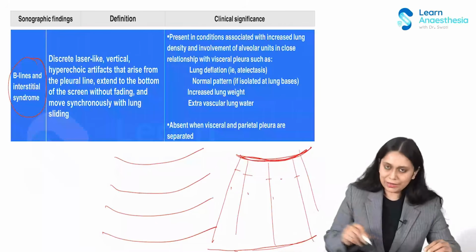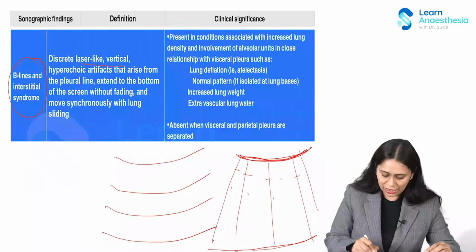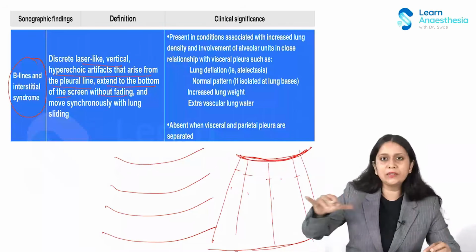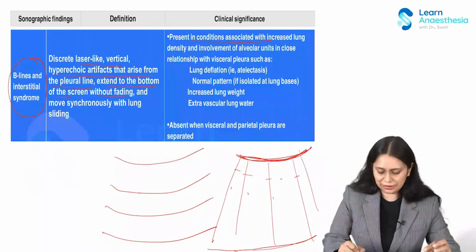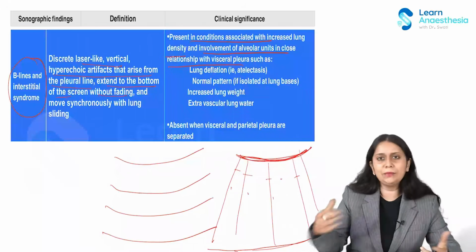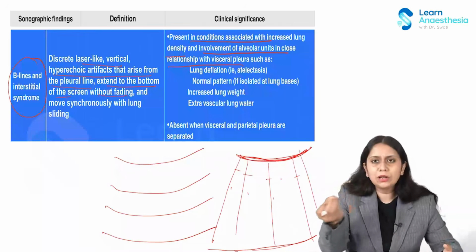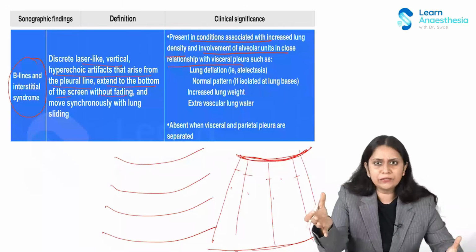Okay, so it is a discrete laser-like vertical hyperechoic artifact that arises from the pleural line, extends to the bottom of the screen without fading, and moves synchronously with the lung sliding. This is present in conditions in which lung density is increased and alveolar units in close relationship with the pleura are involved.